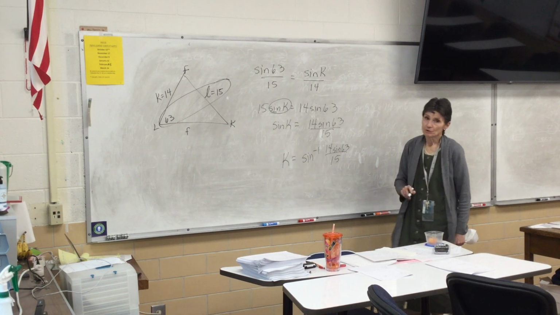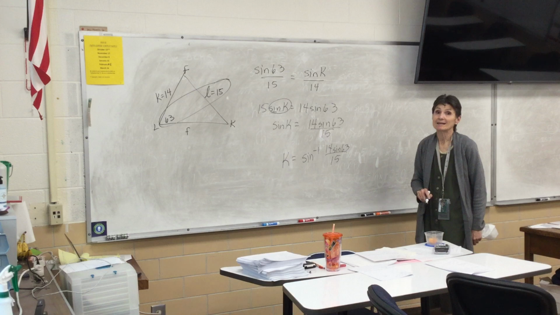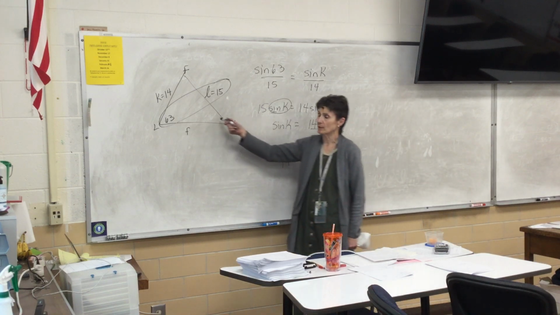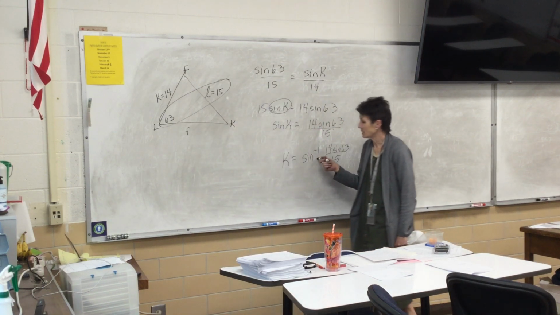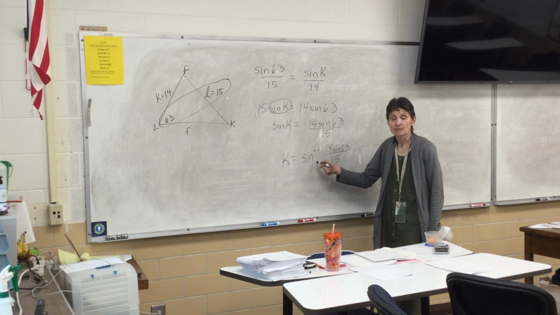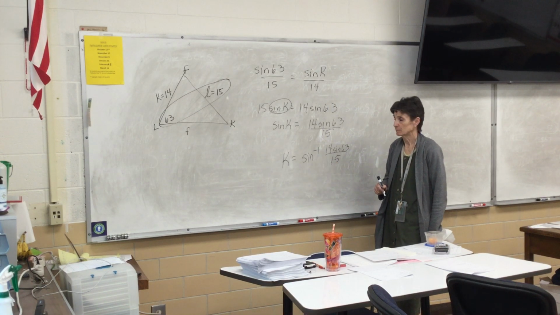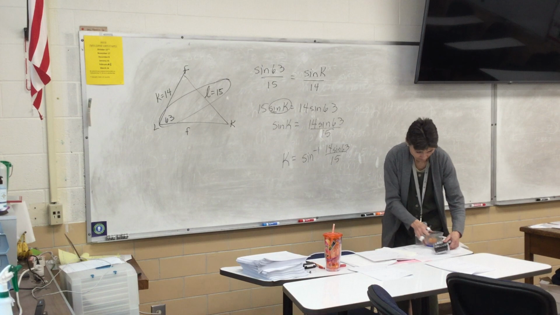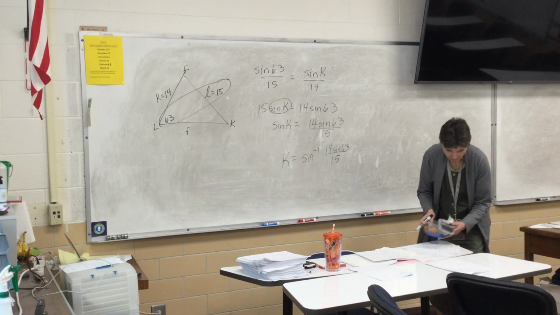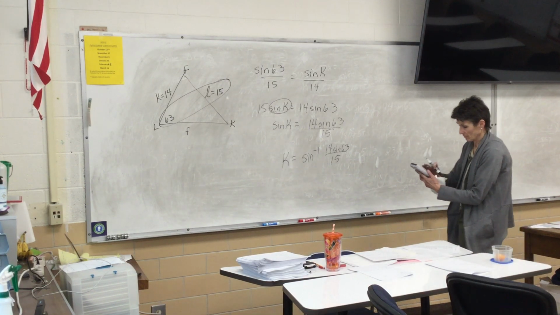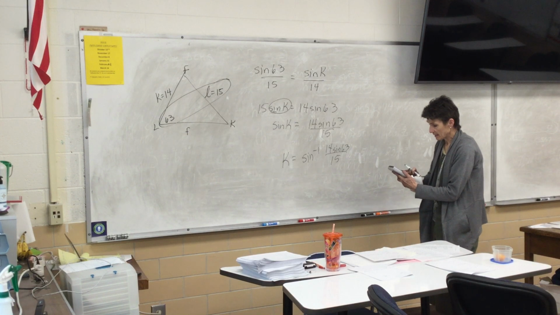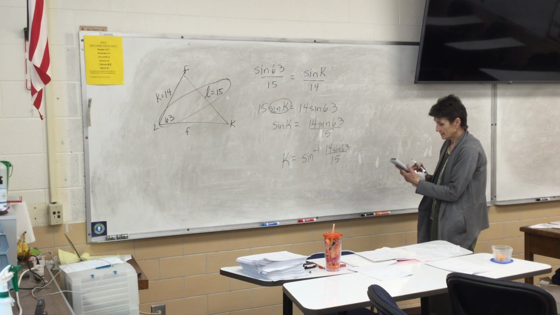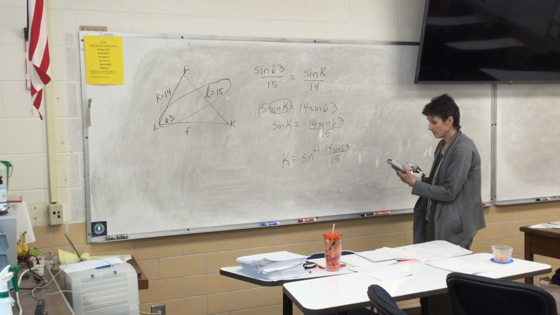To get K by itself, the only way to do it is the second sine. Remember, if you are looking to find an angle, which is exactly what you're doing, you must do the inverse function. Second sine, second cosine. All right. So what have we got there? Second sine, 14 sine 63 divided by 15.